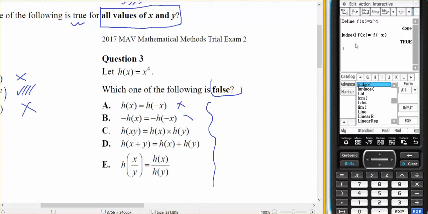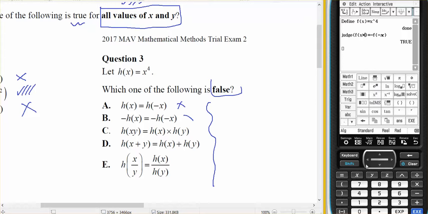I want f of xy. I always want to put a multiply in just in case. It treats it as if a whole thing equals f of x times f of y, so f of x times f of y, and that's also true.